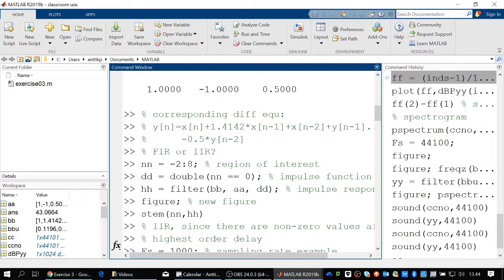And before returning, you basically do something like that. y2 is y1, x1 is x, y1 is y.